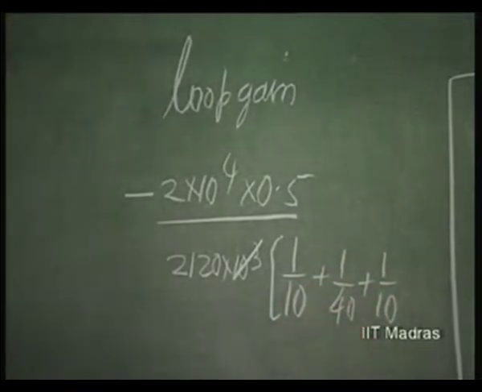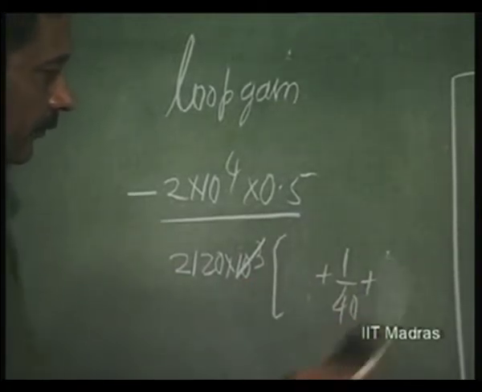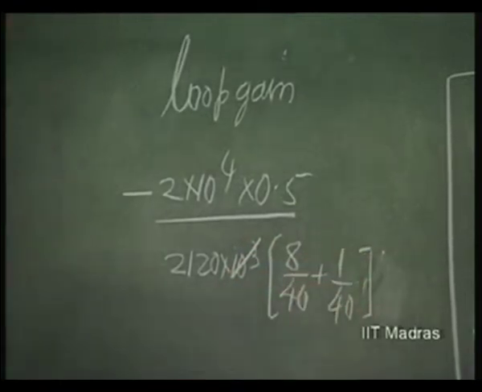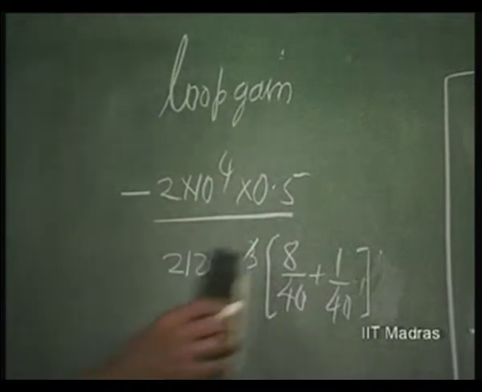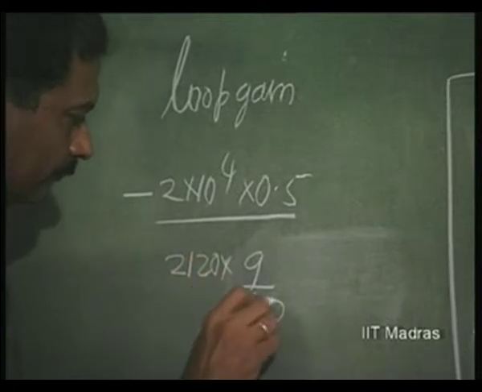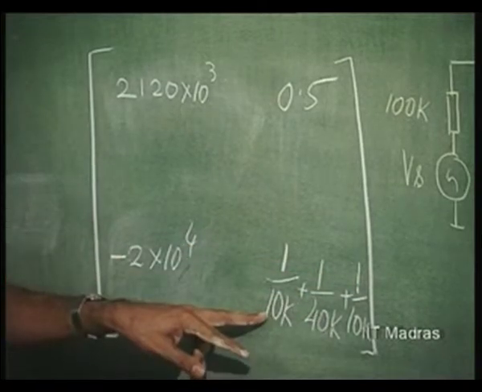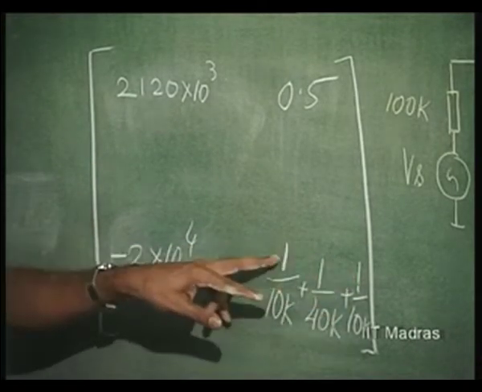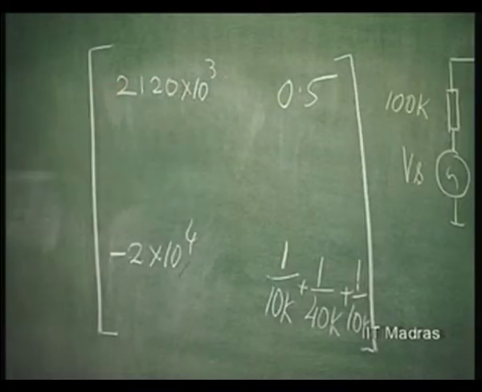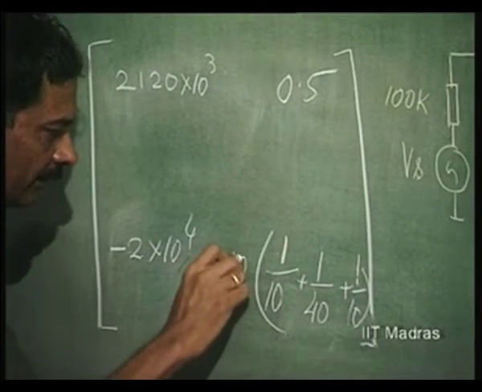Strictly speaking, therefore, it is 2 over 10 or 8 over 40, 8 plus 1, 9 over 40, K getting cancelled with this K. So, this is strictly into 10 to the power minus 3.